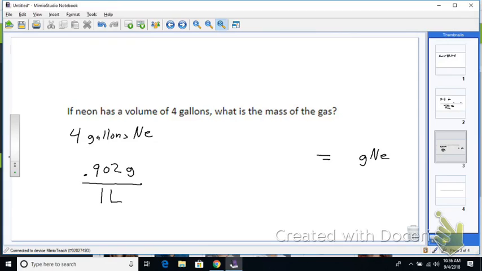So I'm going to go 4 gallons, and then I do my conversions like we've been practicing. Up here I've got liters. So how do those compare? For every 1 gallon, how many liters do I have? 3.79. Yes, 3.79.